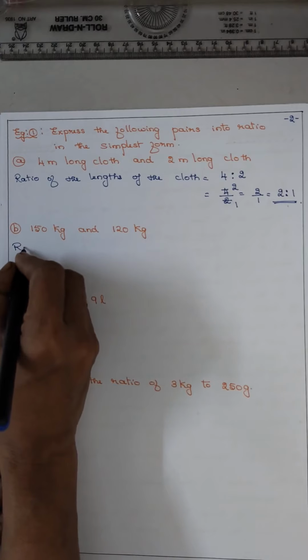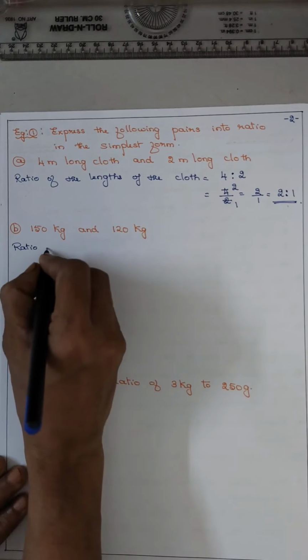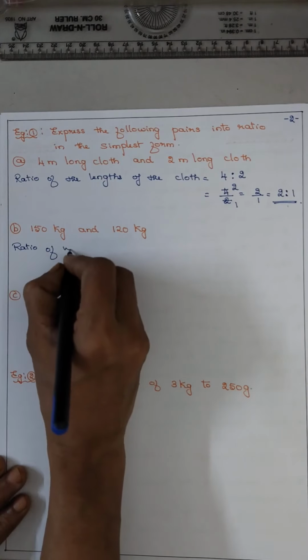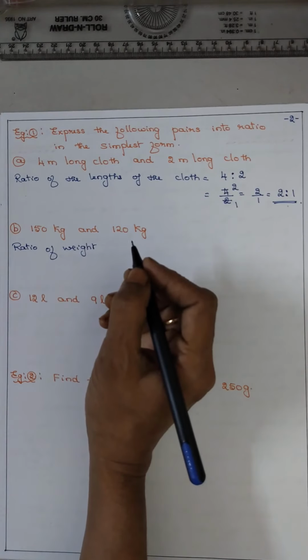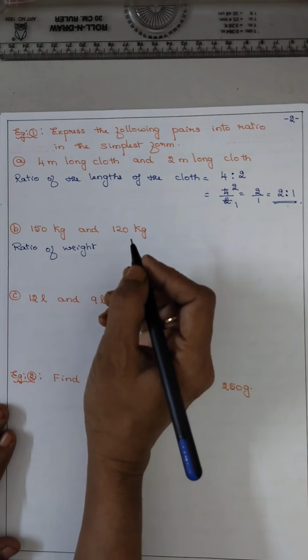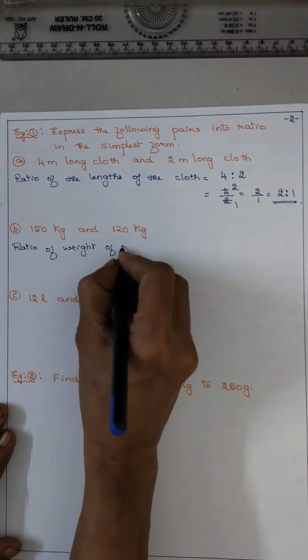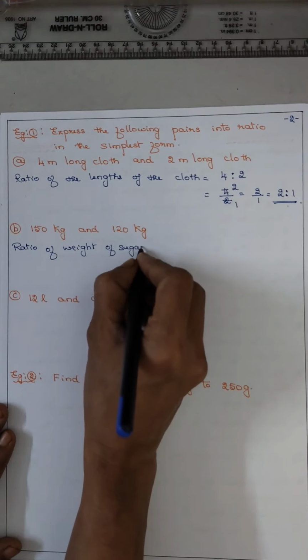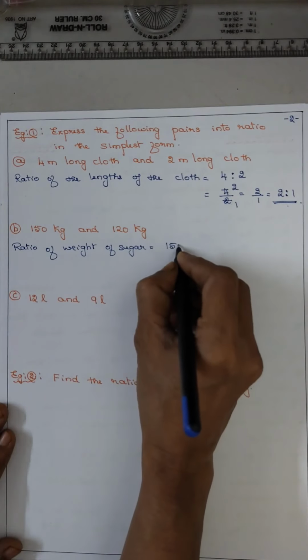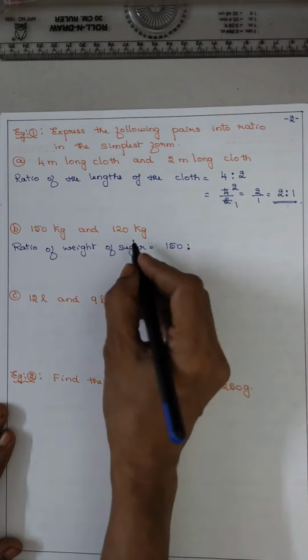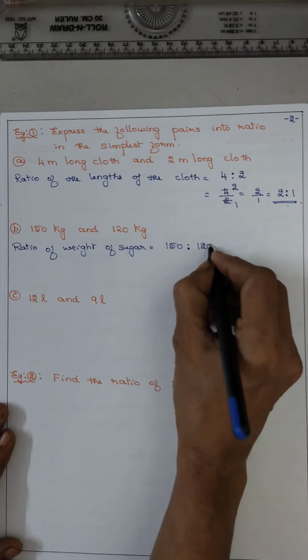So the ratio of kg, meaning weight. The ratio of weight of sugar is 150 kg. So 150 is to 120 kg.